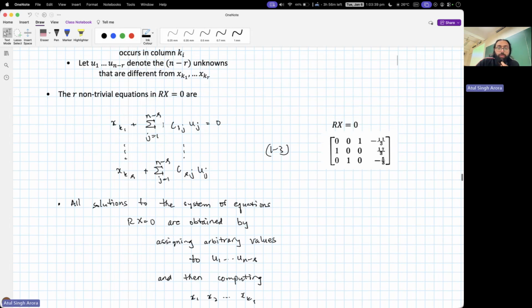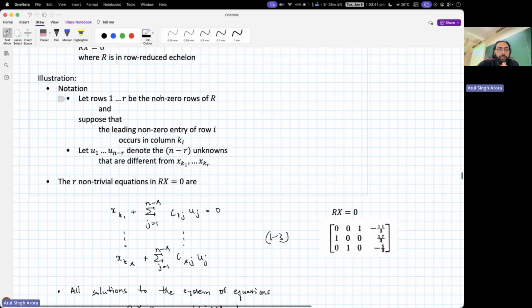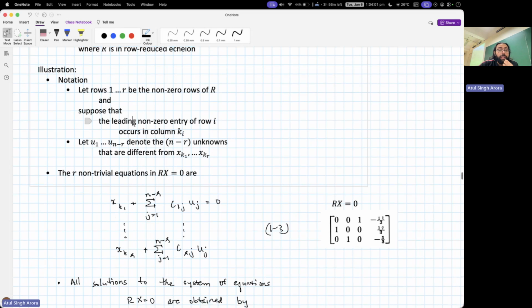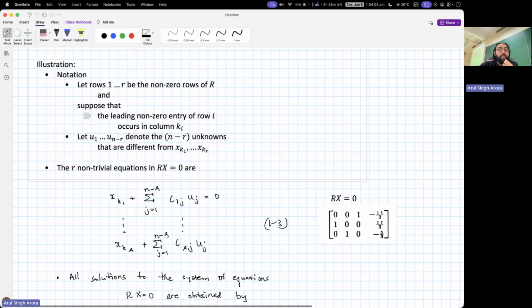So what we're doing now is let's look at this more carefully. The rows in the row echelon form, there are r rows that are non-zero. So how many rows are non-zero here? There are 3 non-zero rows. And pretend that the first row is at the bottom, so it's in the row echelon form. Otherwise, it doesn't work. Okay. And then the leading non-zero entry of row i occurs in column ki.